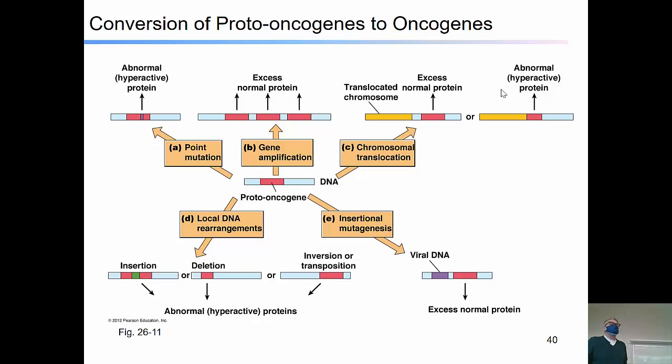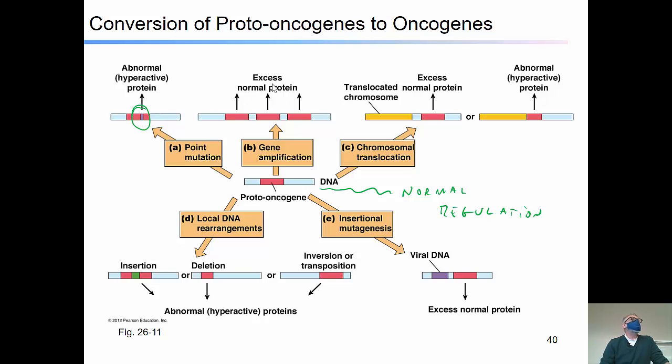So here are a few ways we can convert from a proto-oncogene to an oncogene. These are all genetic things that happen. So the proto-oncogene, remember, has normal regulation. So we might end up having a hyperactive protein, one that is regulated normally. We make the right amount of it, but it's overactive.